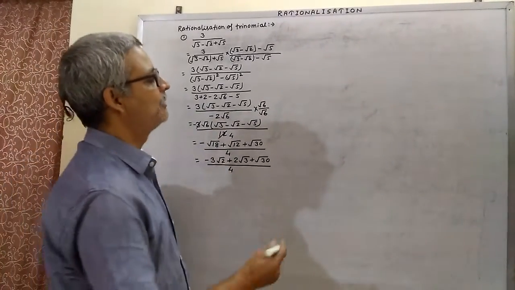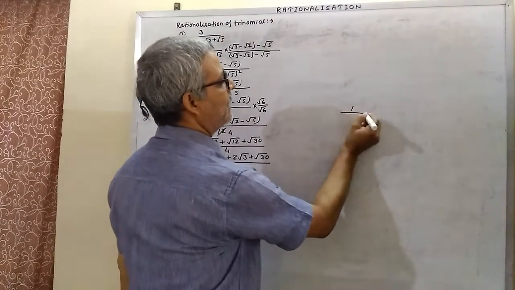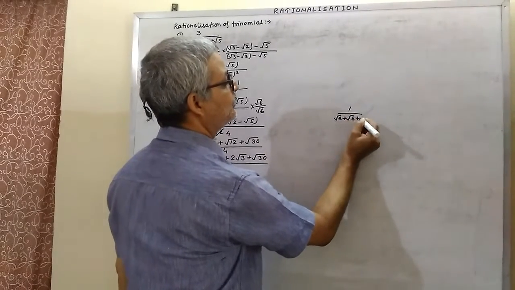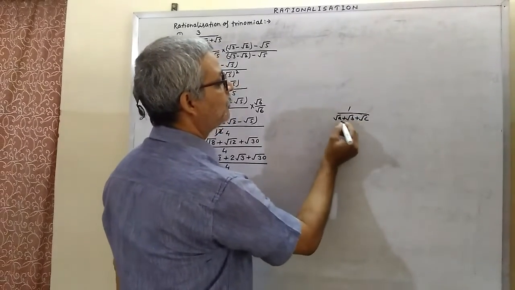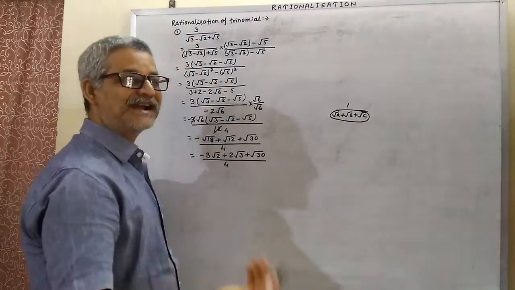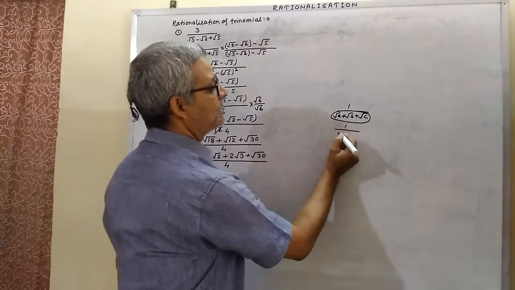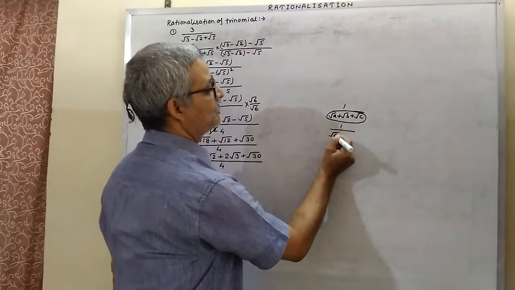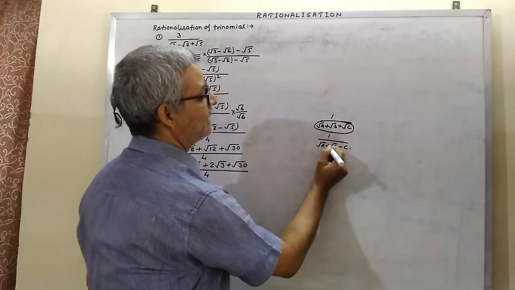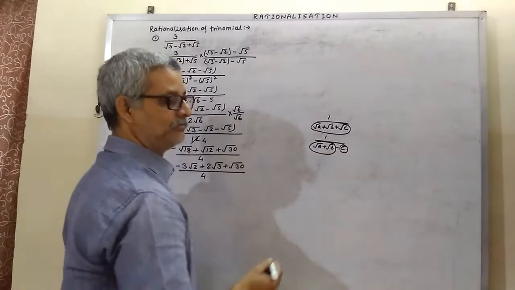Three terms in the denominator may be like this: 1 by root a plus root b plus root c. It means all three terms are irrational. Or, the second option is, sometimes we will get three terms in the denominator where two terms are irrational and one term is rational.